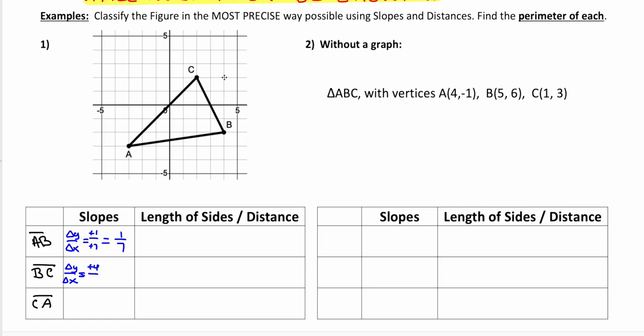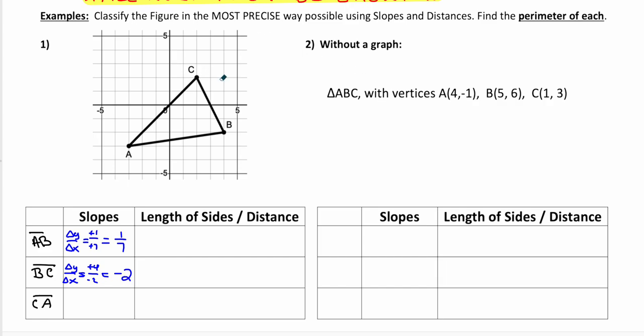So I went up 4 to get this little spot right here. Then I'm going to go to C by going left, which is a negative 1, 2. So that would be a change in x of negative 2. I would simplify. Positive 4 divided by negative 2 is negative 2. My slope is negative 2 for that line.